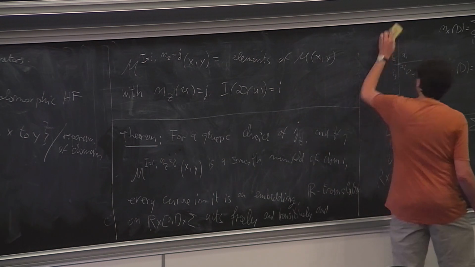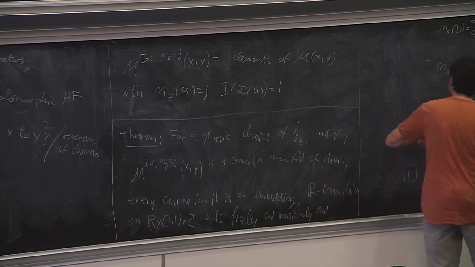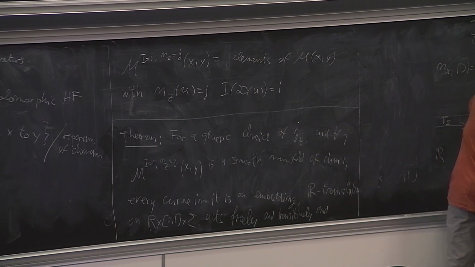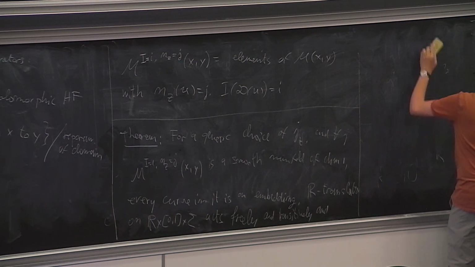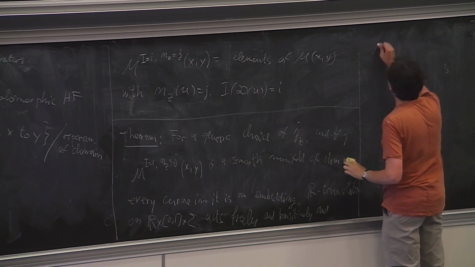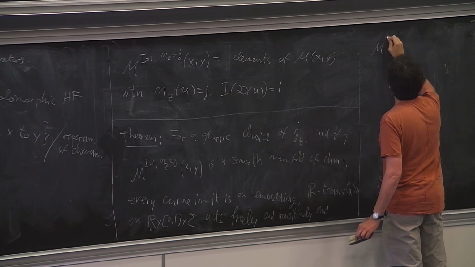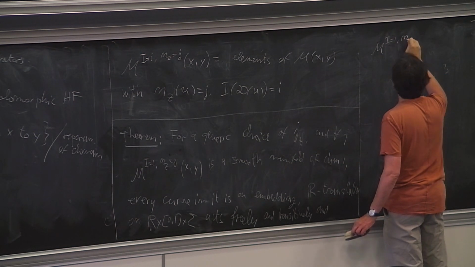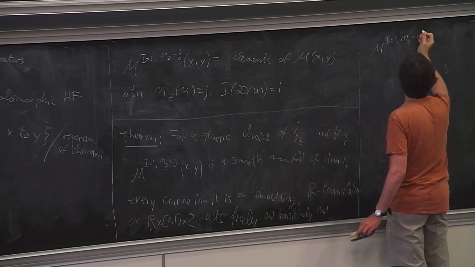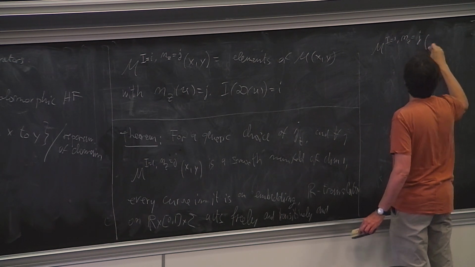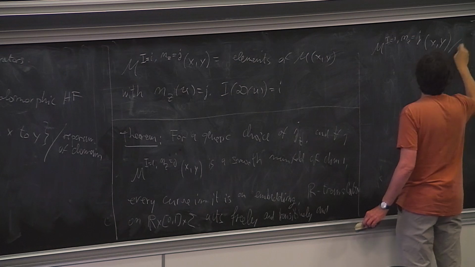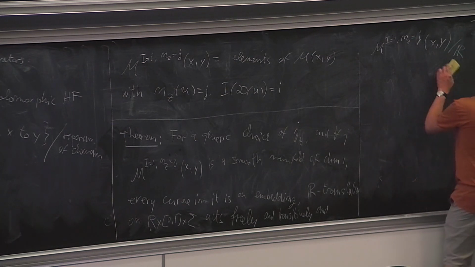So the quotient M with index 1 and n_z equal to j, from x to y, divided by R, is a finite set.